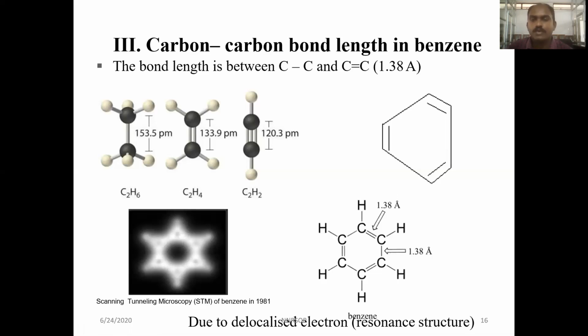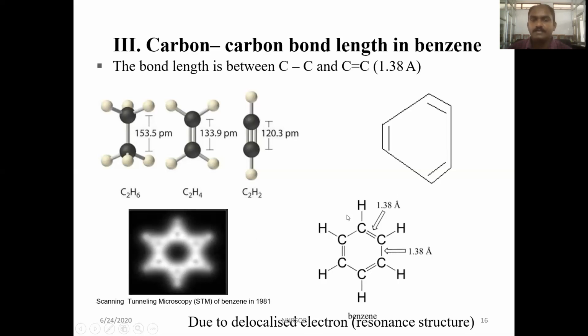Why is it so? It is because of delocalization of electrons. What do we mean by delocalization of electrons? Displacement of electrons from one carbon to another carbon. Moving of electrons from one carbon to another carbon is called delocalization. So in benzene, delocalization of electrons takes place.